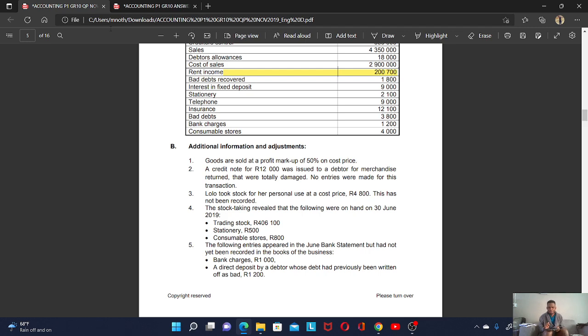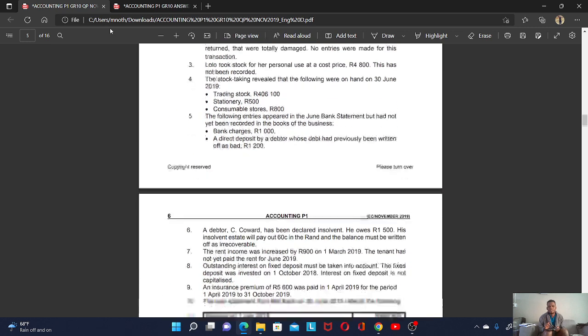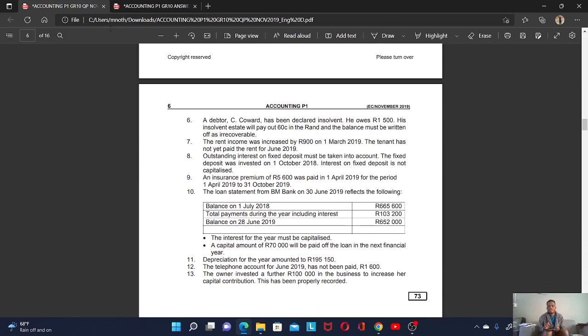Okay, we are told that an insurance premium of 5,600 was paid on 1 April 2019 for the period of 1 April 2019 to 31 October 2019.